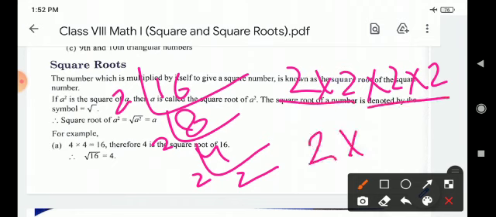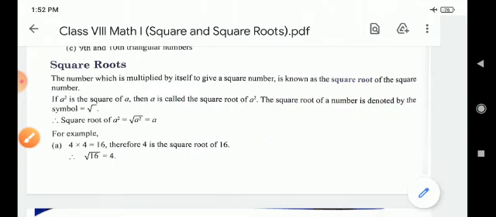That is 2 into 2 equal to 4. The square root of 16 is 4.